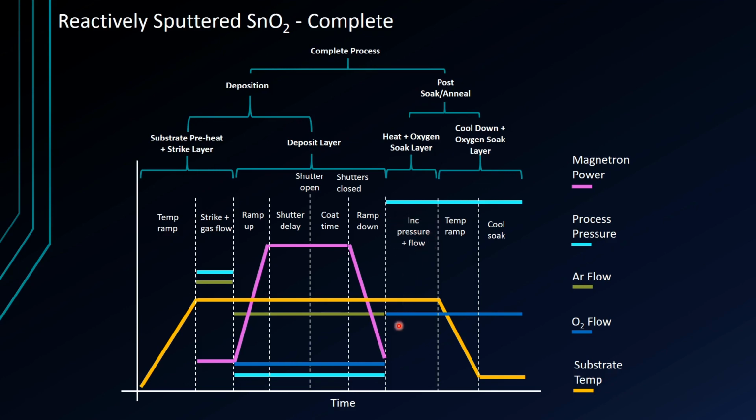At the end of that period, we allow the cool down to begin. We tell it to go down to 30, we leave the oxygen flowing the whole time, and we leave the high process pressure. And then once it gets down there, it's got a soak time for a while to let everything chill out and equilibrate. And then after that, we would turn off the oxygen flow and our process would be complete.